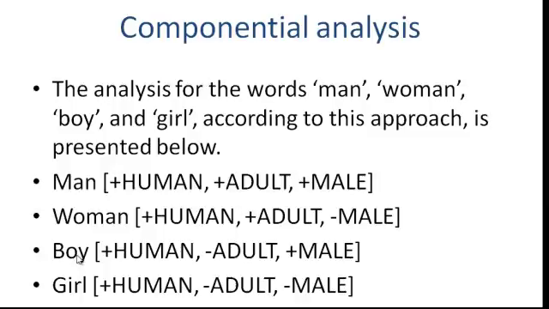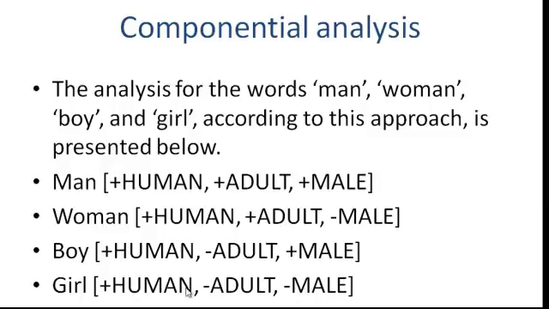And then the word boy. A boy is also a human, so plus human, but a boy is not an adult. Because a boy is not an adult, we use a minus sign. And we know a boy is a male, so plus male. But on the contrary, the word girl is not a male. Because girl is not male, we use a minus sign, so minus male.